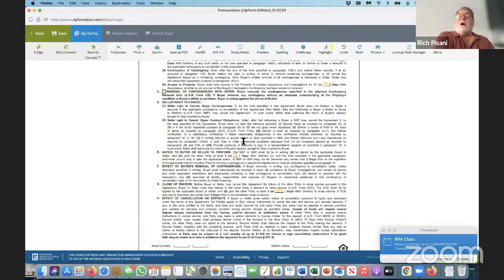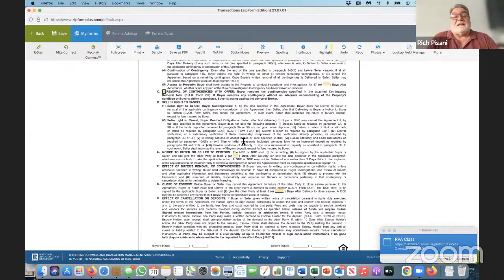The buyer has all these contingencies to get out of this agreement, but the seller only has one way to cancel this agreement, and that's only if the buyer isn't performing. So if the buyer is performing all the way and the seller says, I hate this buyer, I don't want to sell to them, guess what? As long as that buyer is performing, he can force you to sell it to him.